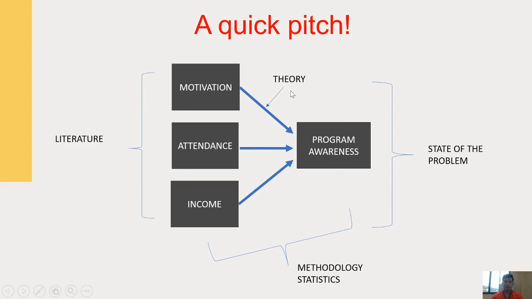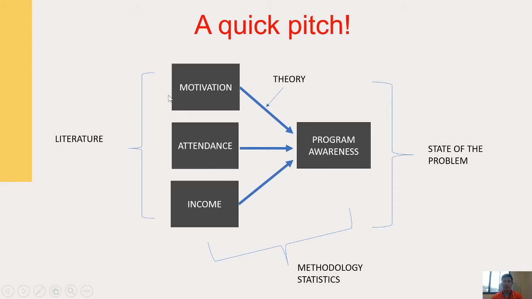The arrows were also established because of evidence-based studies that motivation, attendance, and income can influence program awareness of the respondents. And by looking at this picture, we can actually translate it into a question or statement of the problem.